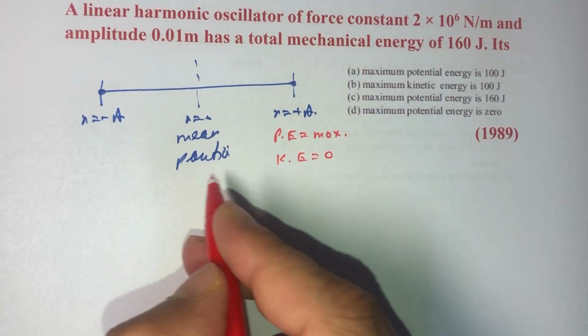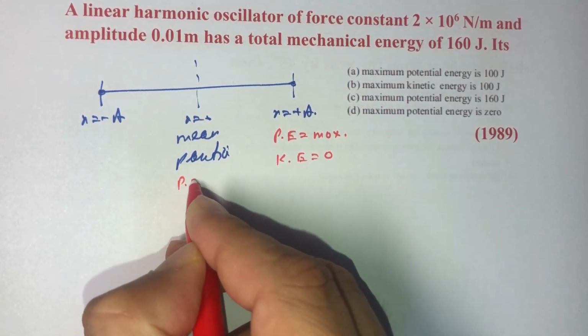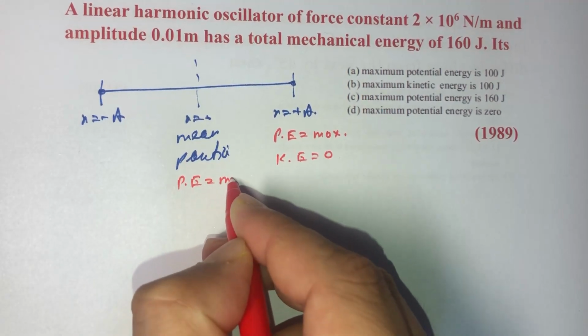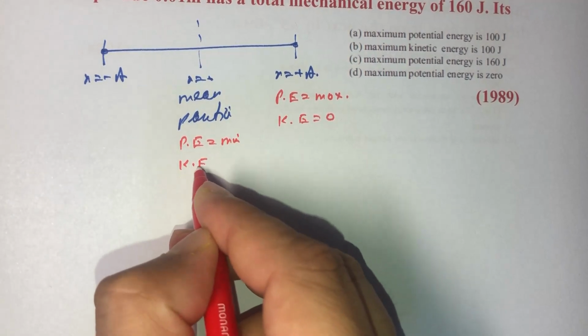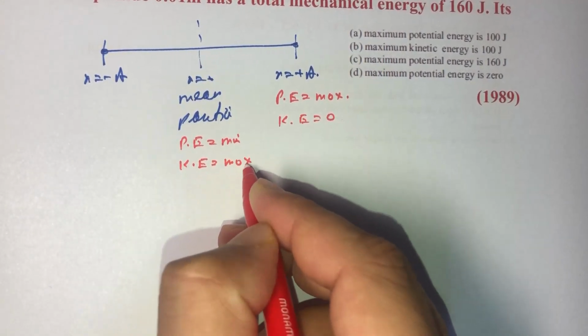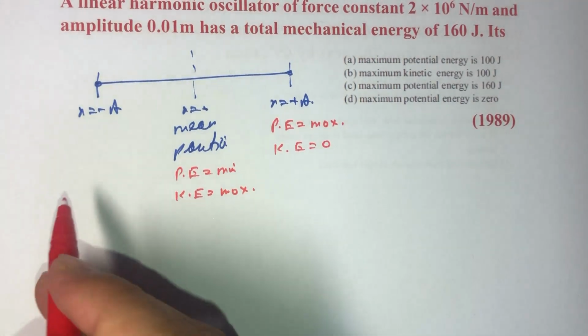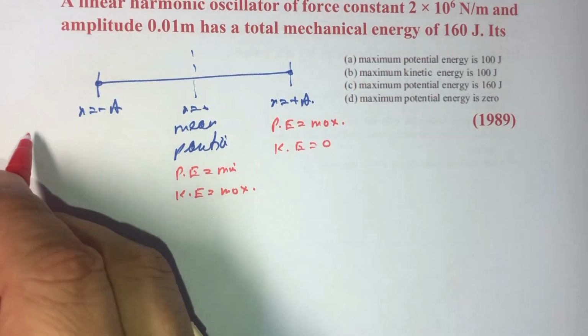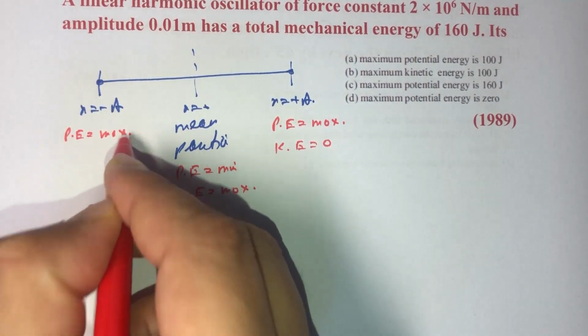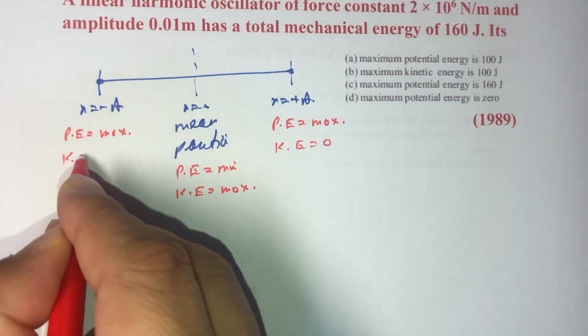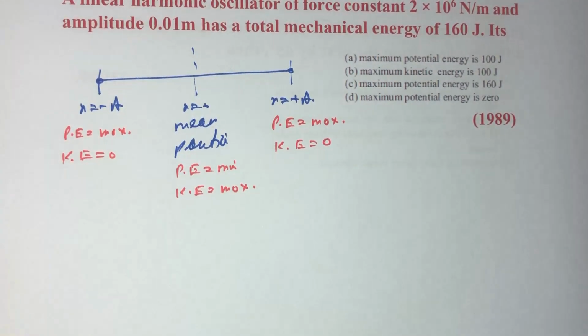At the mean position the potential energy is minimum and the kinetic energy is maximum, and for the other side also we have that potential energy is maximum and the kinetic energy is equal to 0.